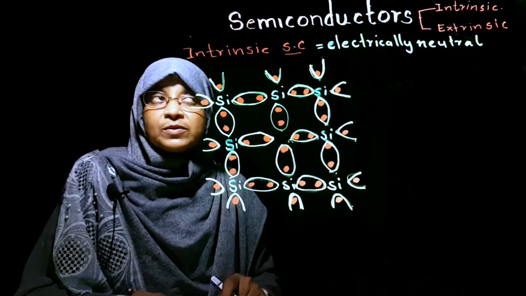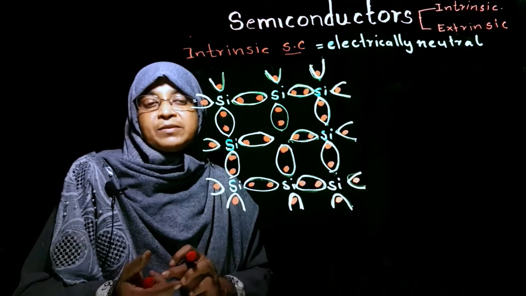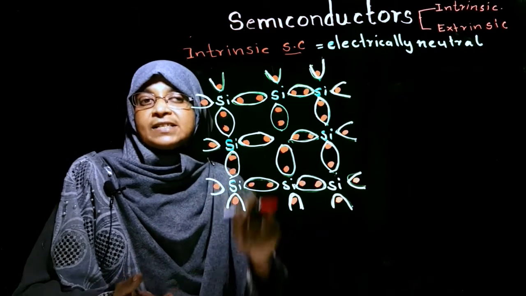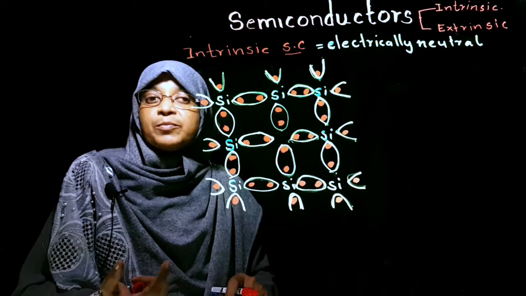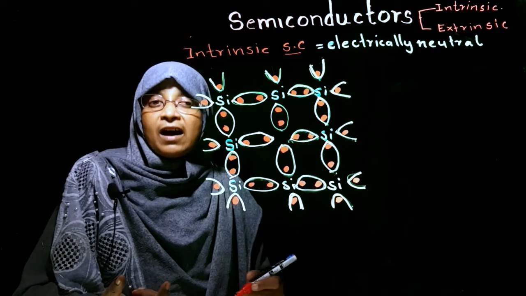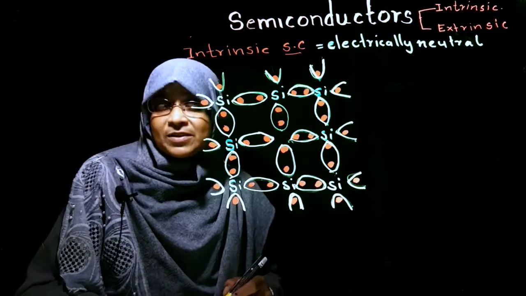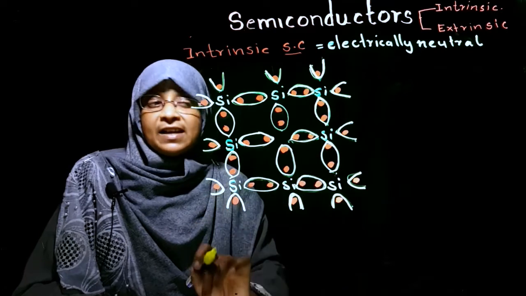We can use phosphorus, arsenic or antimony to mix with this silicon lattice to make an N-type. I will explain how an N-type is formed. An arsenic atom is going to mix with this silicon.